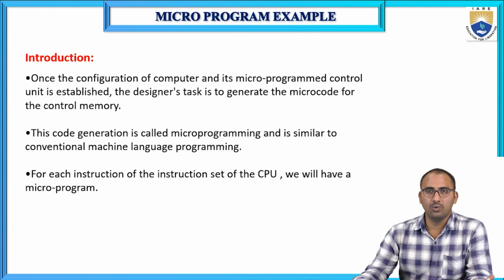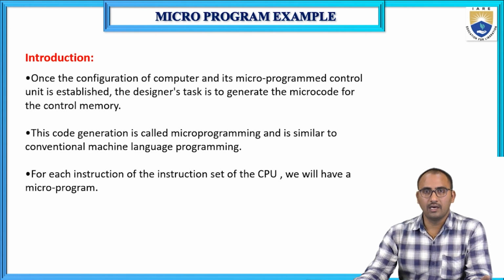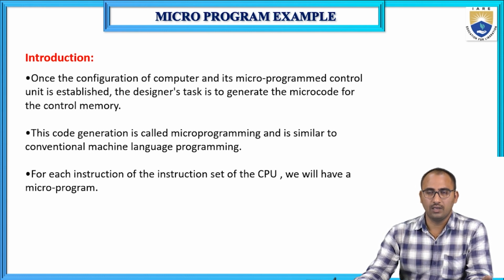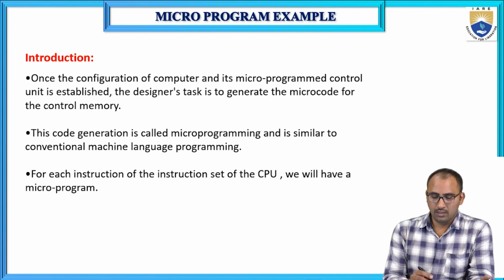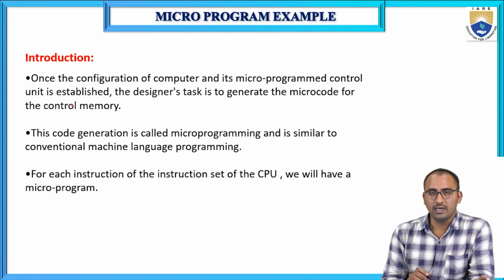Mainly the control unit is used to initiate a sequence of micro operations, and also to generate timing and control signals. Once the configuration of the computer and its microprogrammed control unit is established, we have seen that the control unit can be implemented in two ways: a hardware control unit and a microprogrammed control unit.